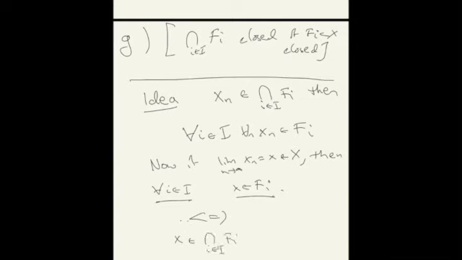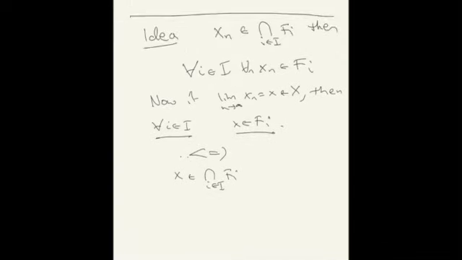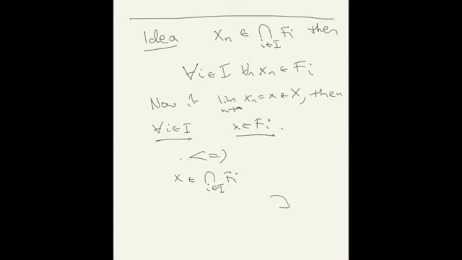So the idea is to use this condition for all i. This is not a complete proof because I haven't said all the words, but the crucial idea is that the sequence lies in each one of these individually, and we apply it that way.